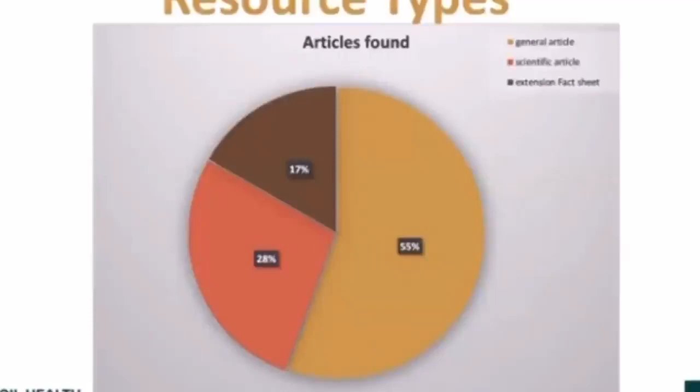And these articles mostly were supported by companies that were trying to sell cover crop seeds or other products. 17% were actually scientific articles. And then 28% were extension fact sheets. Most of these probably were articles from universities. I found a lot of articles from SARE.